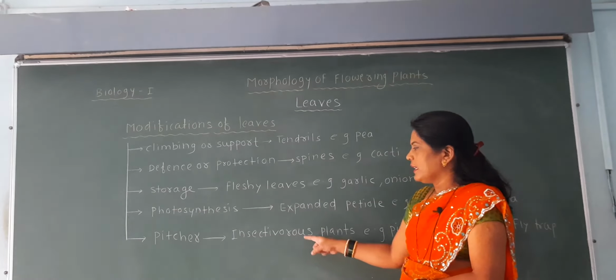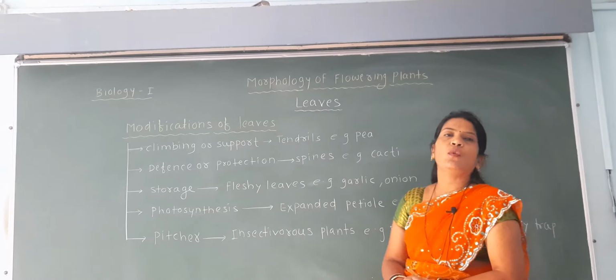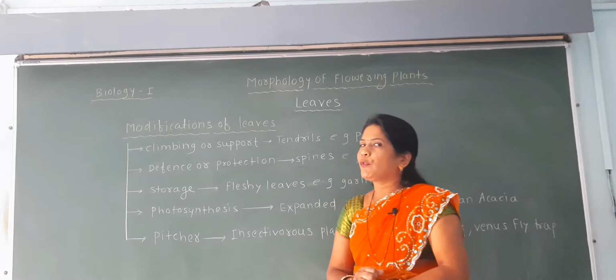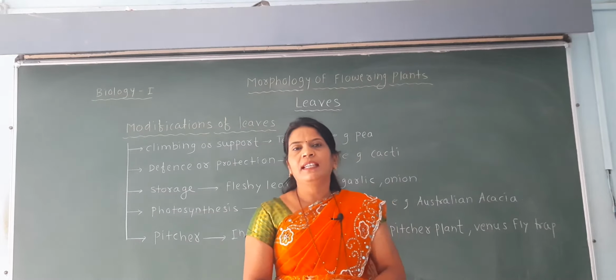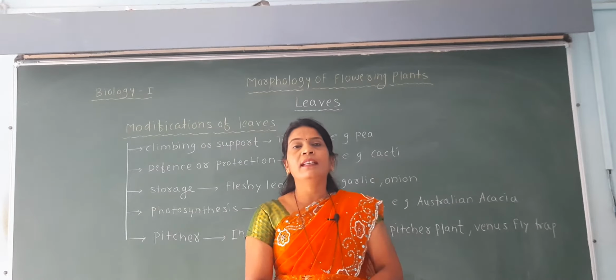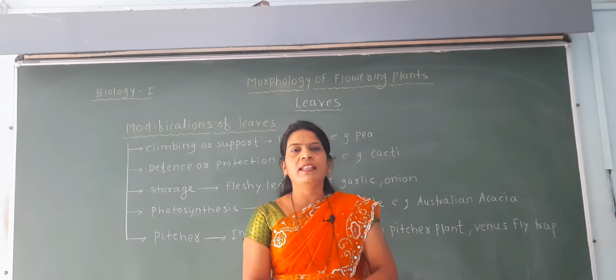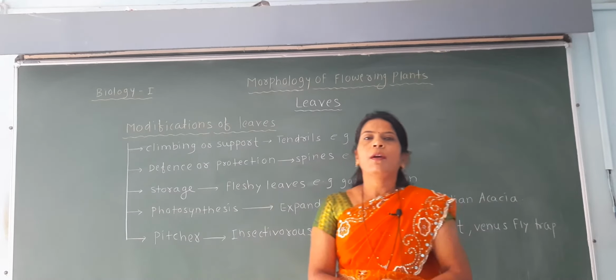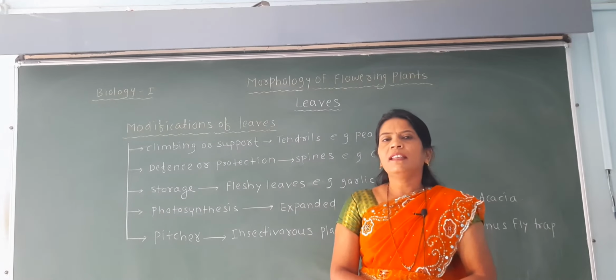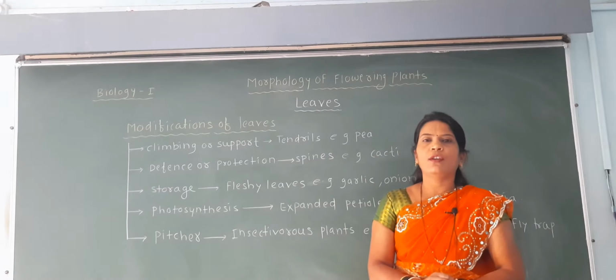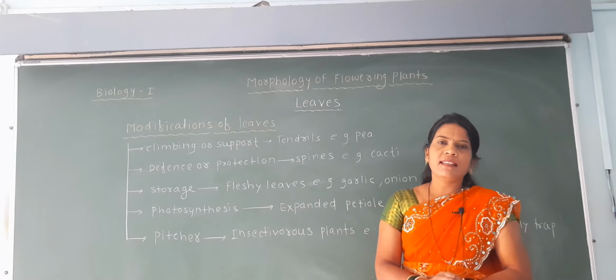Pitcher means it is found in insectivorous plants. Insectivorous plants means there are some plants that we have already seen in the kingdom, in the biological classification topic. In kingdom Plantae we have seen Venus flytrap or bladderwort. These are some of the names of plants which eat insects, so we call them insectivorous plants.